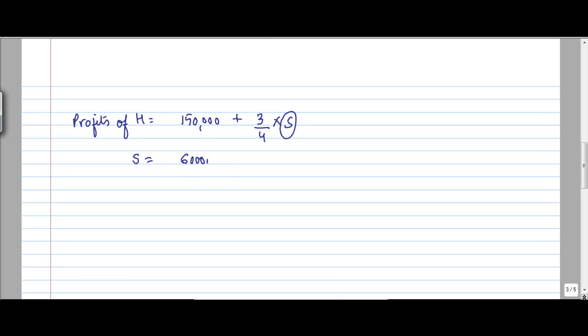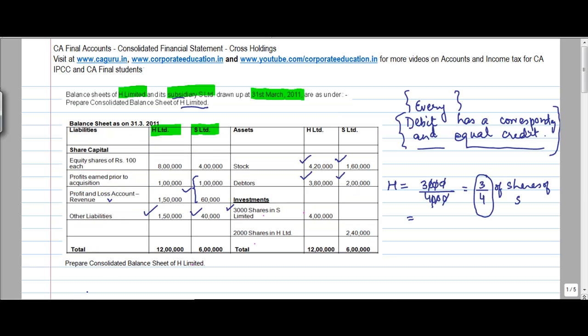But is it this simple? No. Why? Because S also holds certain shares in H Limited. Right? So this 60,000, just like we are increasing the profit of H, we should also increase the profit of S proportionately. And what is the share of S? S holds 2,000 shares out of 8,000 shares.